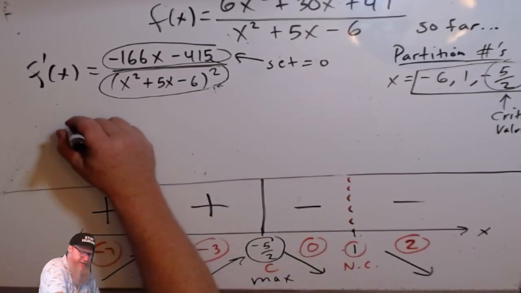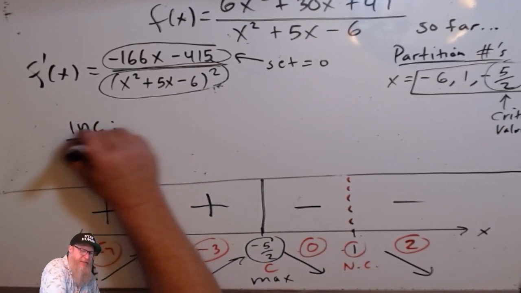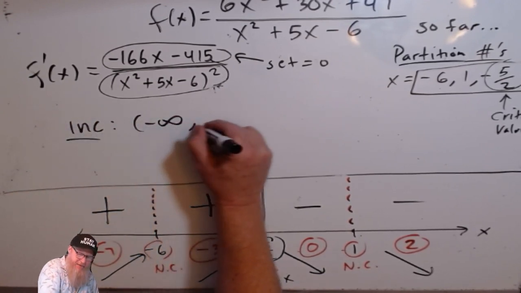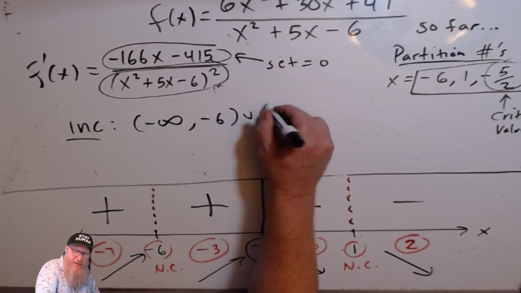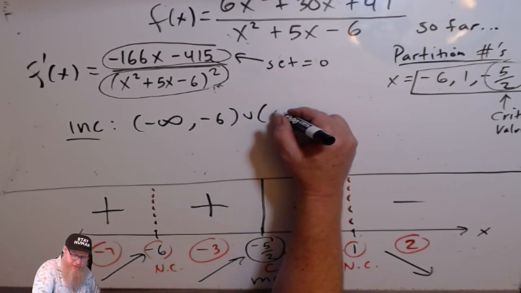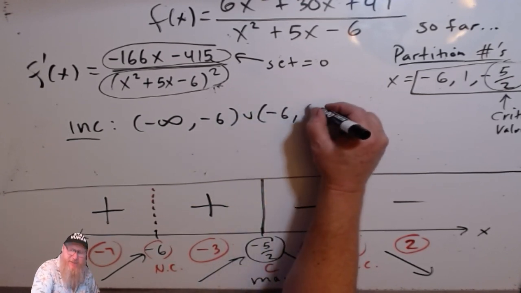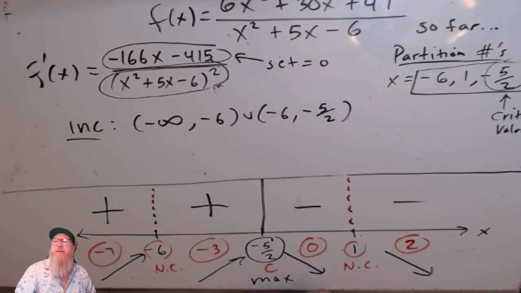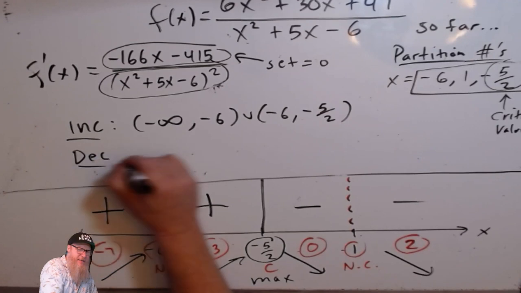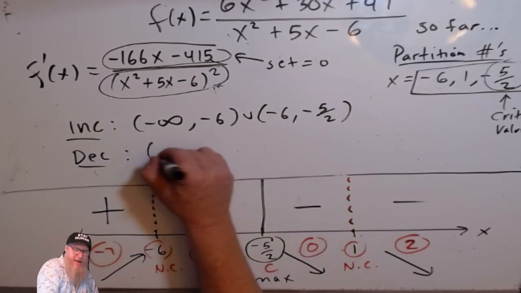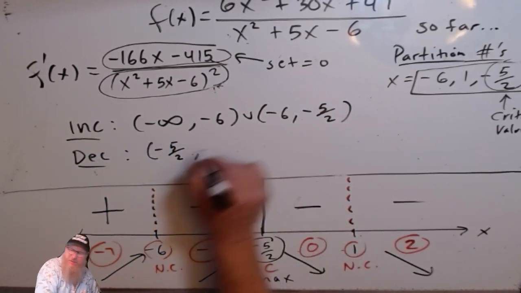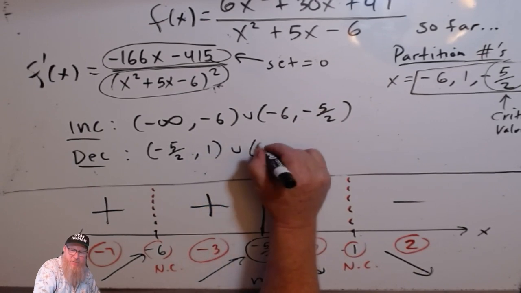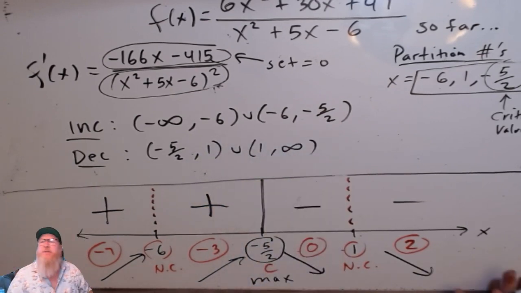So I've got increasing from -infinity to -6, union -6 to -5/2, decreasing -5/2 to 1, union 1 to infinity.